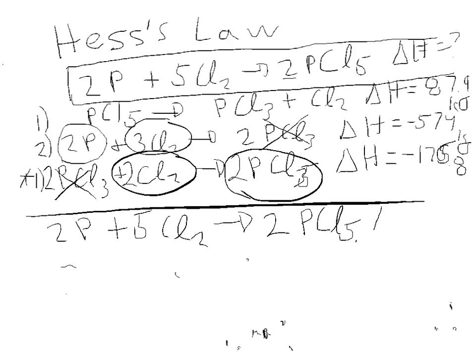What we will now do is take the energy in equation number 2, which was negative 574 kilojoules per mole, and in equation number 1 that we flipped, which was negative 175.8 kilojoules.